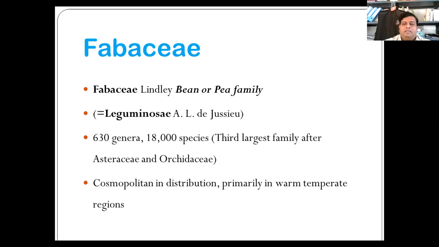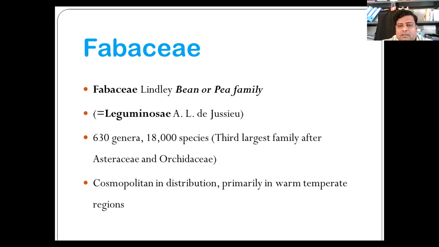This family has many economically important plants, second after family Poaceae. It is a source of several pulse crops such as kidney bean, green gram, that is Phaseolus vulgaris, Phaseolus aureus, black gram, Phaseolus mungo.